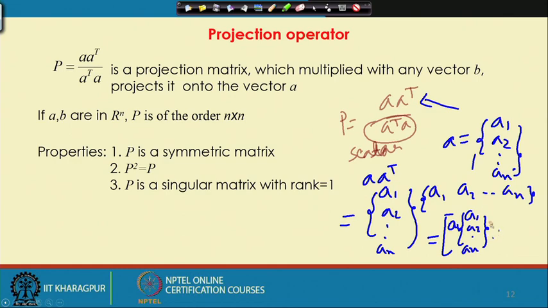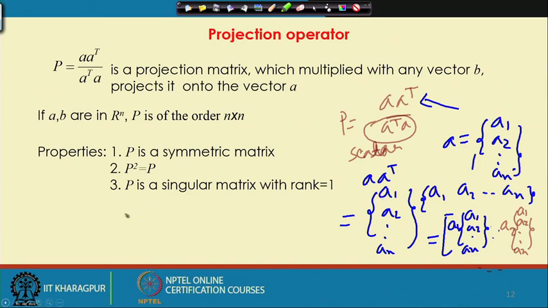The second row is A2 multiplied with all these things. So, A2 into A1, A2, An and so on. The last row will be An into this. So, first column is A1 multiplied with the A vector, A2 multiplied with the A vector. So, each column of this is a multiplication of the A vector.